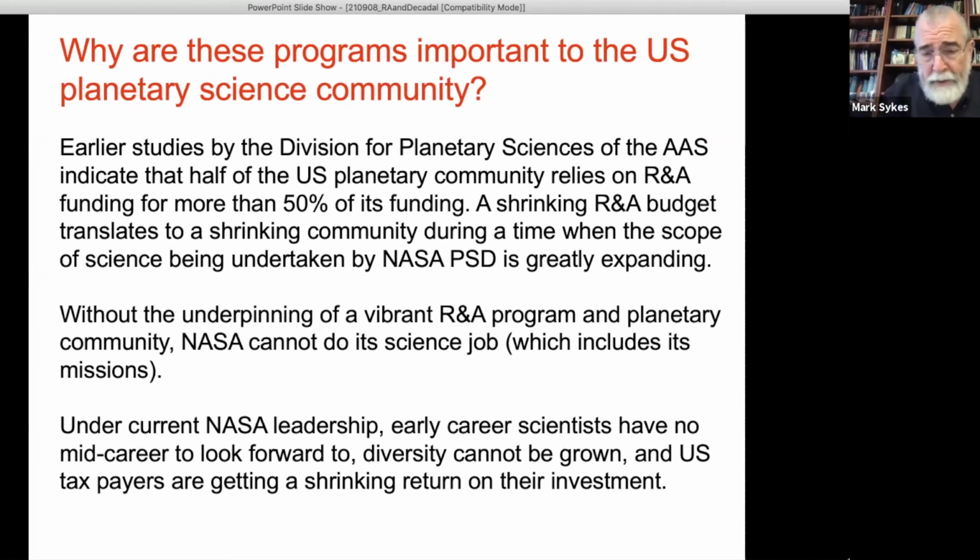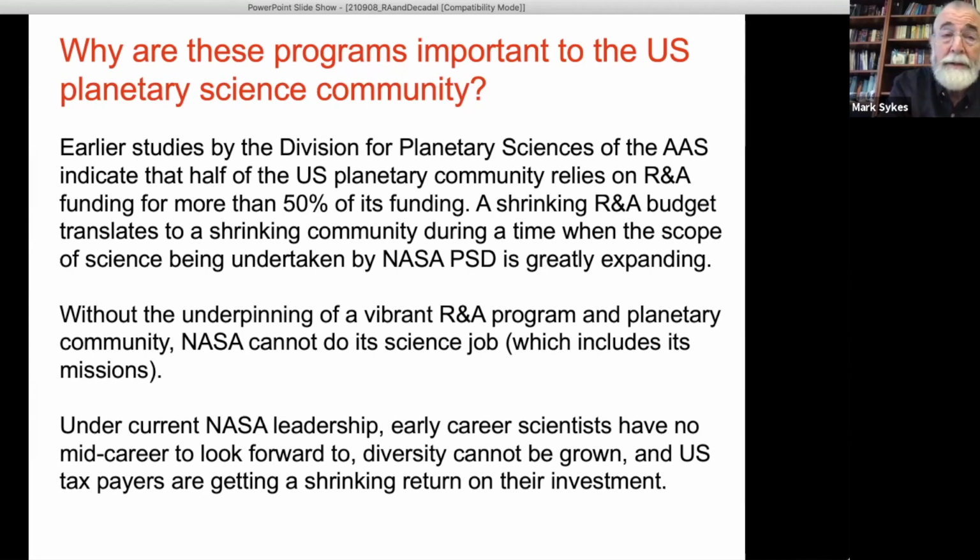No, that's not the rationale for vastly increasing RNA. The rationale for increasing RNA are the reasons I was giving before. They are the basis of NASA's objectives in science and also in defining and getting benefit from its missions. But it does have impact on the community.